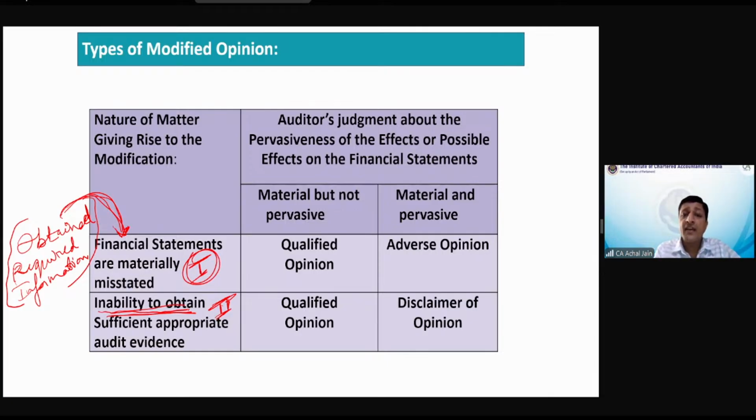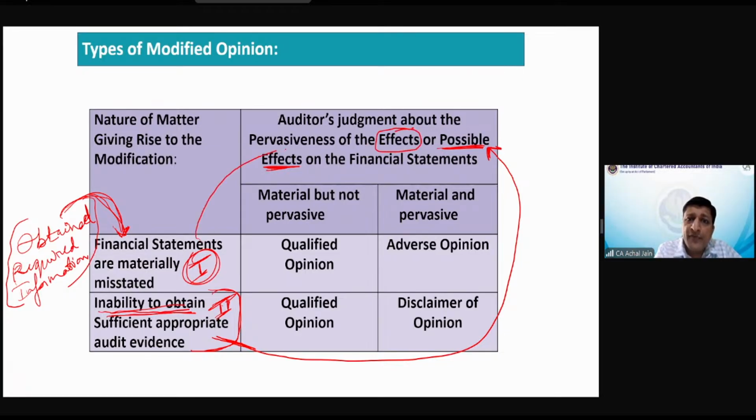He will say that's why there is a possible effect on the financial statements. Now, in what context this term of possible effect is used? That is in the context of second situation. So in this second situation, auditor will be talking about the possible effects. In this first situation, auditor will be talking about effects and not the possible effects.